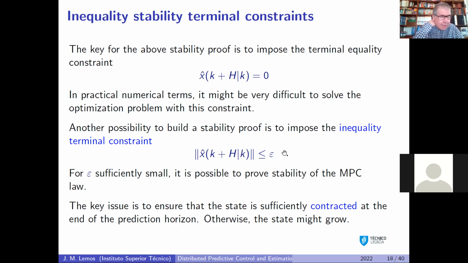Just to give you an idea, the equality constraints appeared around 88, 89, okay? And this appeared 4 or 5 years later, just in the beginning of the 90s.